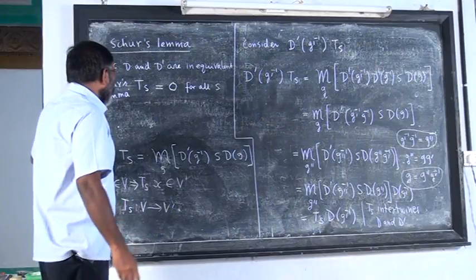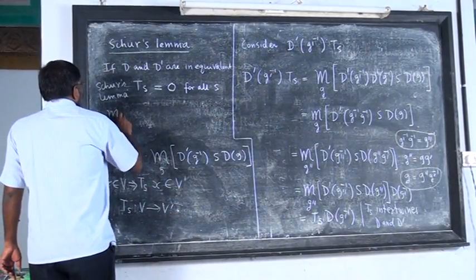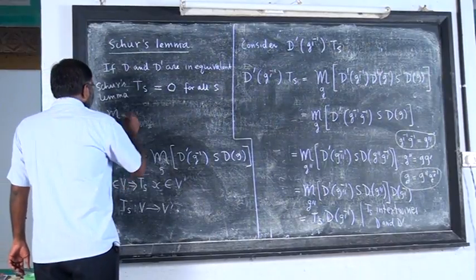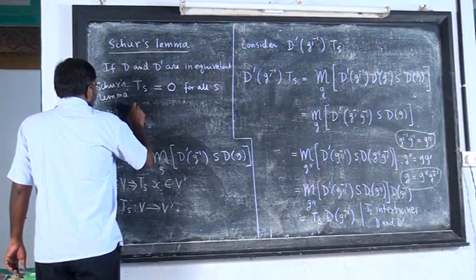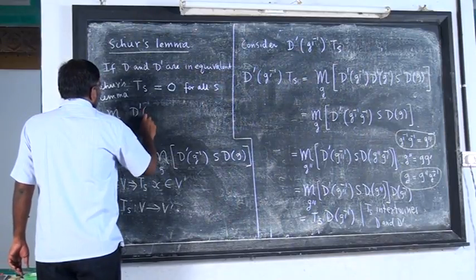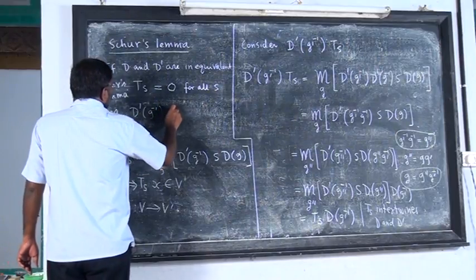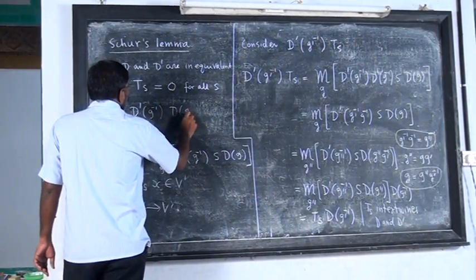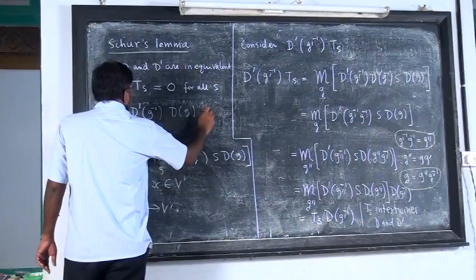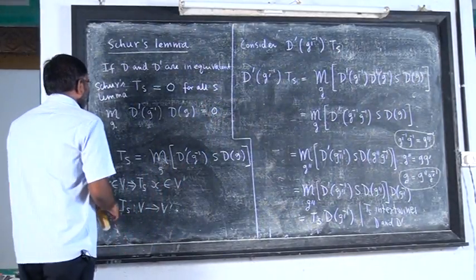matrix. Then what do I have? I have M of G into D prime of G inverse into D of G is equal to 0. What does it mean?